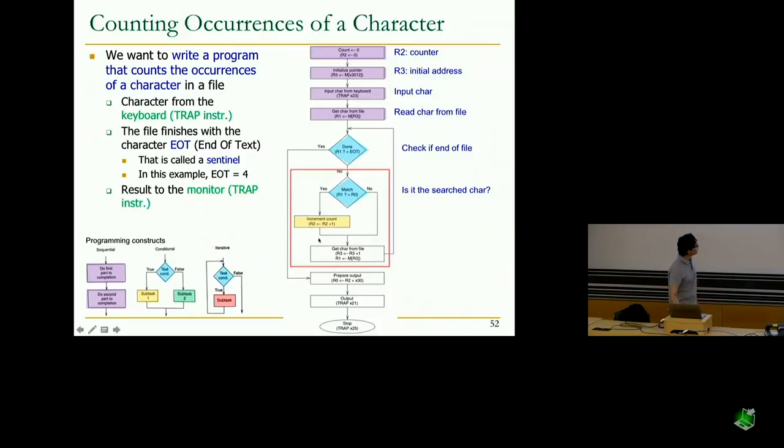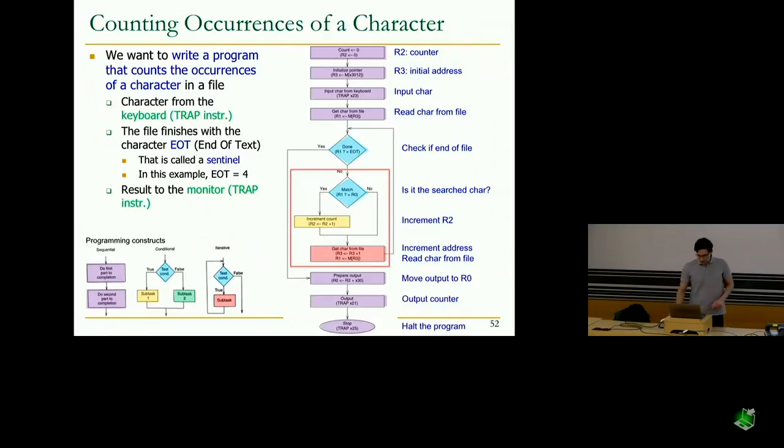In case it is, we increment the counter, and then we increment the address to go to the next char in the file, and we read it. We read this char from the file. When we are done, we prepare the output to the monitor. We output the counter and we stop.